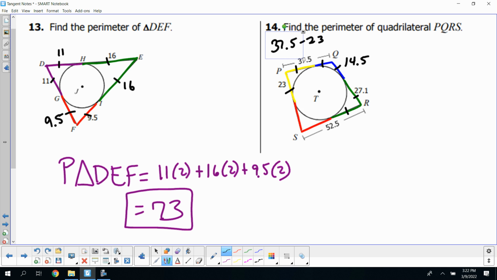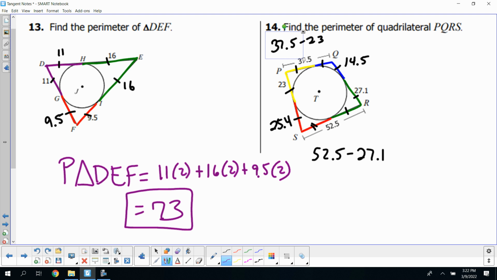And that will help me figure out what the red segments are. So for the red segments, I'm going to do 52.5 minus 27.1. And that gives me 25.4. So this segment is 25.4.